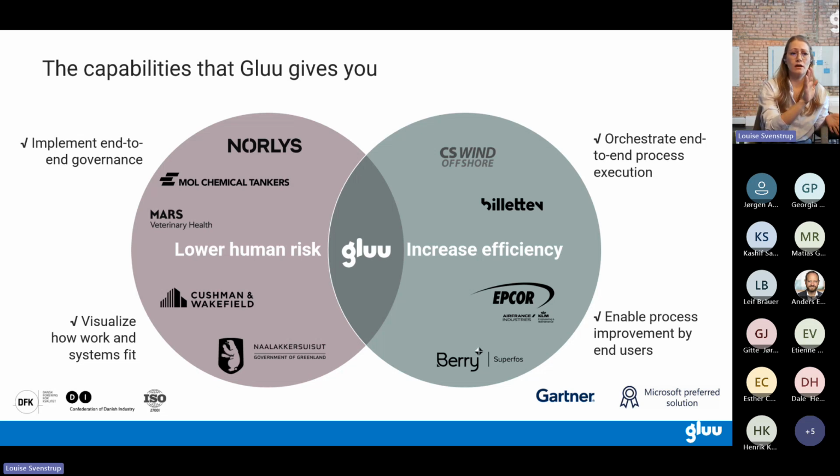Everything from manufacturing to contractors to big energy companies and public offices, like, for instance, the Greenlandic government. Greenland is the talk of town at the moment in the news all over the world, but they are also a Gluu customer, and we're very happy to have them.